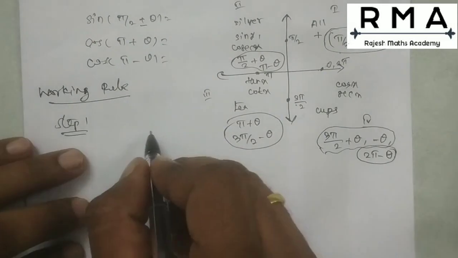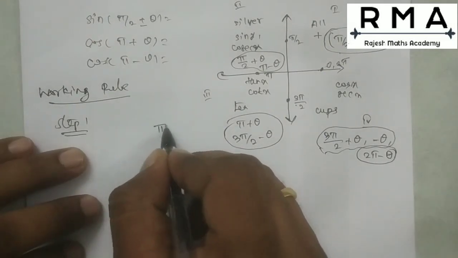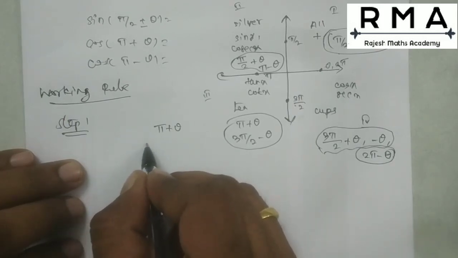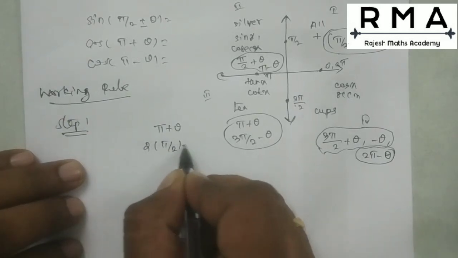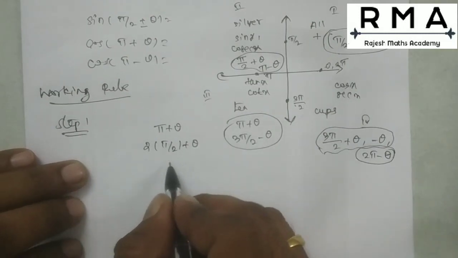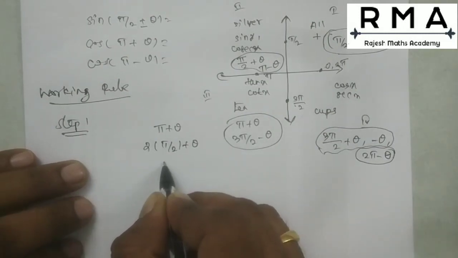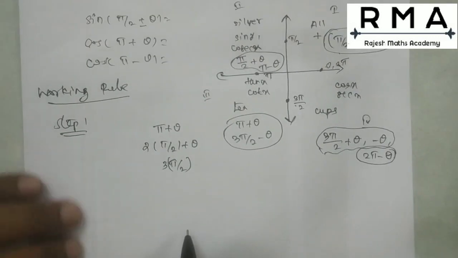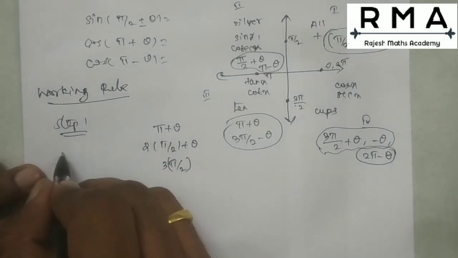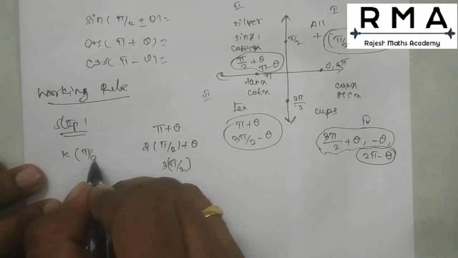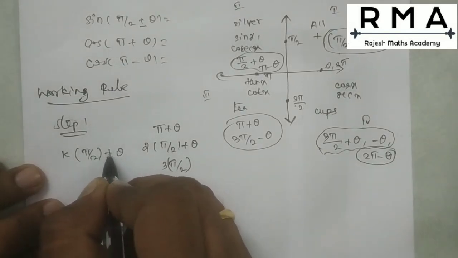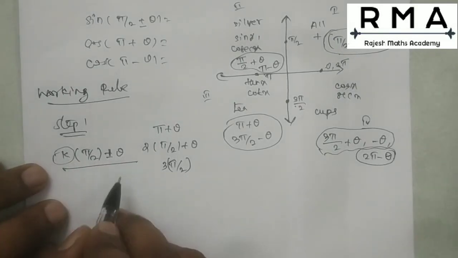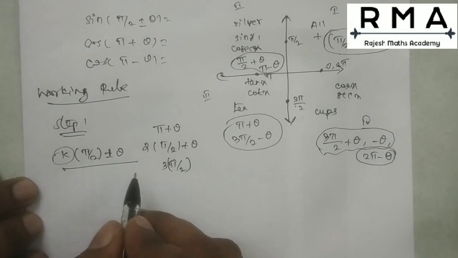For example, if pi plus theta or pi minus theta is given, we can write it as 2 times pi by 2 plus theta. Similarly, 3 pi by 2 is already in terms of multiples of pi by 2. So step 1, we write k into pi by 2 plus or minus theta, where k is 1, 2 or 3; these three only we are going to discuss here.